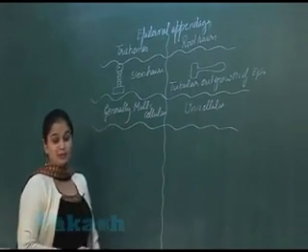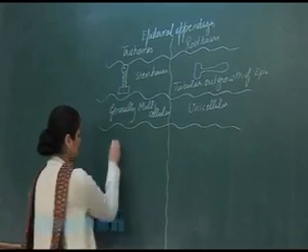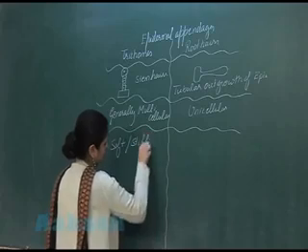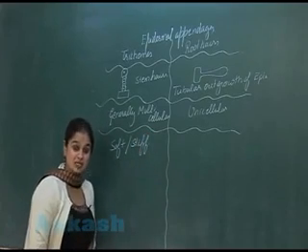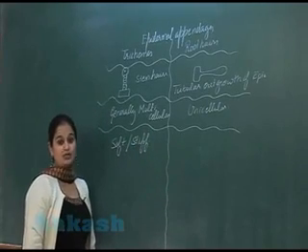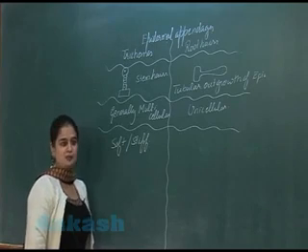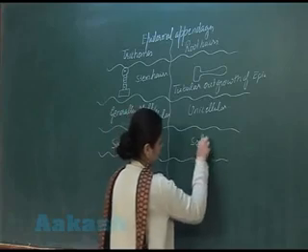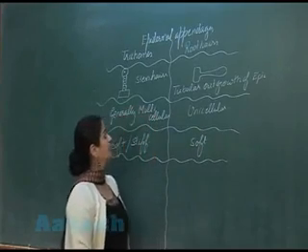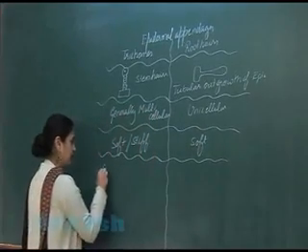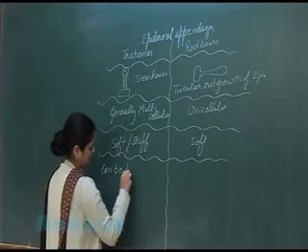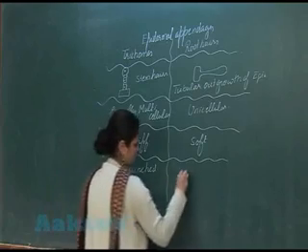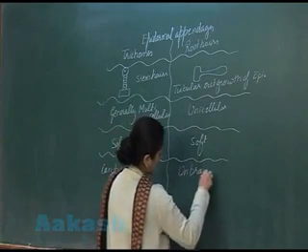Trichomes can be soft or they can be stiff. When they are stiff, when they are hard, they have a covering of calcium carbonate. Root hairs are always soft. Trichomes can be branched, but root hairs are always unbranched.